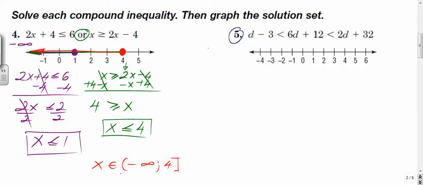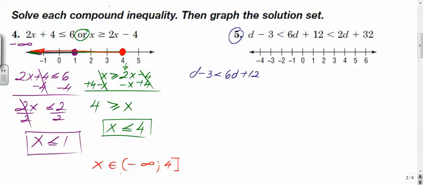Problem number 5, d minus 3 less than or equal to 6d plus 12 less than 2d plus 32. So we have two inequalities here. First of them will be d minus 3 less than 6d plus 12.